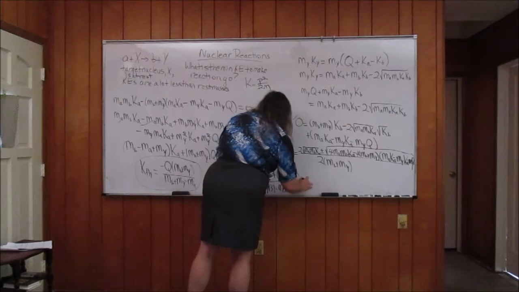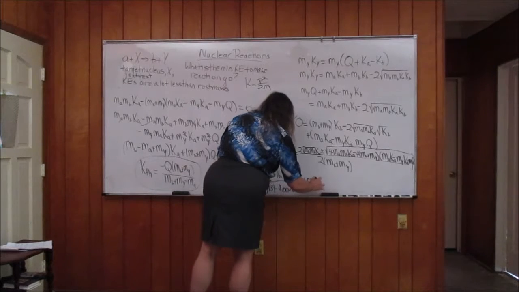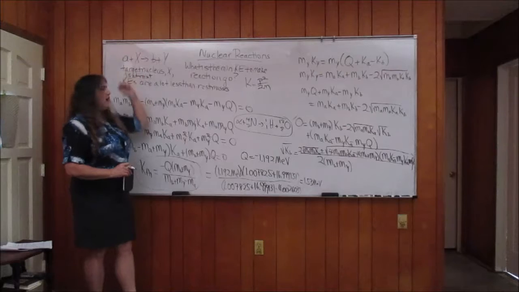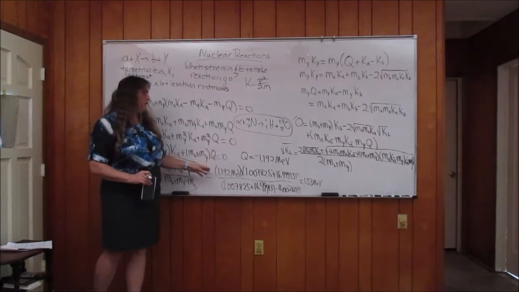That's equal to 1.53 megaelectron volts of energy, the minimum amount of kinetic energy that the alpha particle has to have in order for this reaction to go.